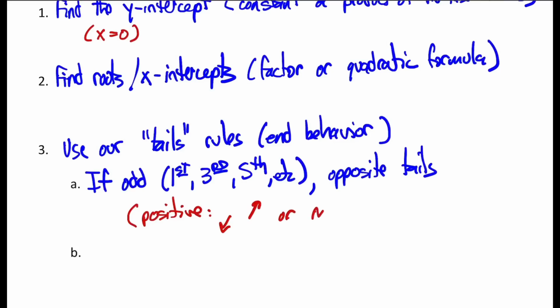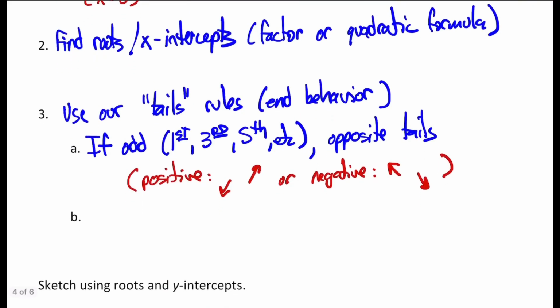If they're negative, they're going to look like this. So first we have to determine odd or even. If odd, positive or negative to get our end behavior.